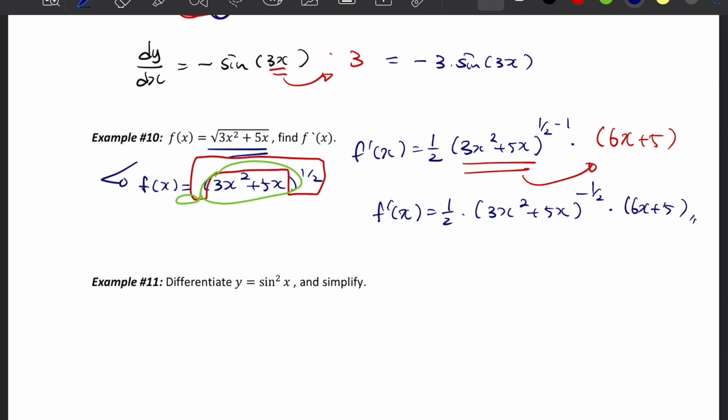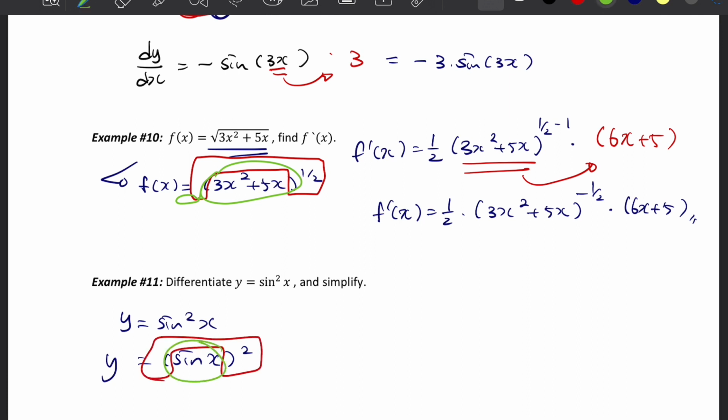Okay? Then let's do example 11. We need to differentiate y equals sine squared x and simplify. Again, y equals sine squared x is the same as (sine x) to the power of 2. You can see that there's a function inside a function, so outer function, inside function.